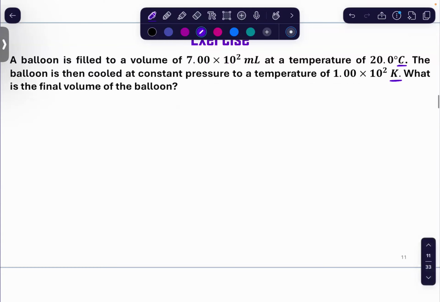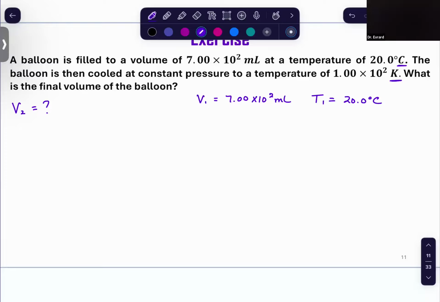Okay, so we're being asked for volume 2. Well, we're told that volume 1 is 700 milliliters. T1 is 20 Celsius.